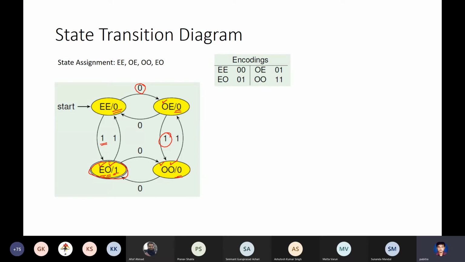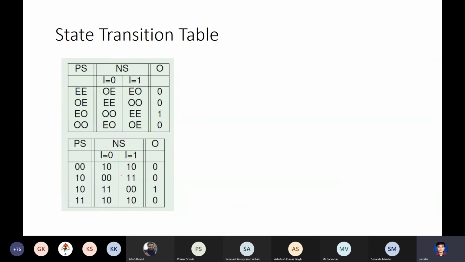Okay. Now let's draw the tabular form of this state transition diagram. So as before, let me repeat it again for those who have not yet followed. You have your set of present states, and on certain input, each of these is one edge.